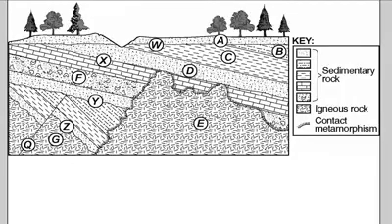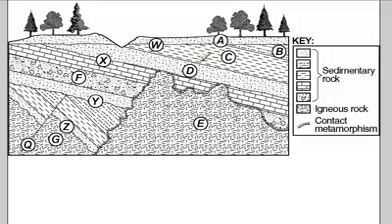You should be able to point out which letter the unconformity is. By looking at this, you'll see a whole bunch of things. We see an intrusion and lots of metamorphism. We see the surface has been eroded.